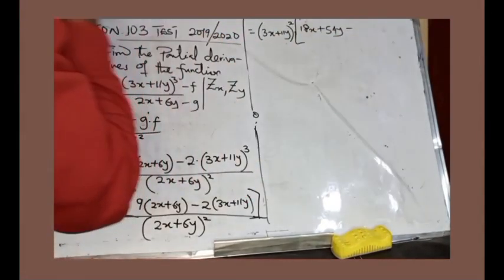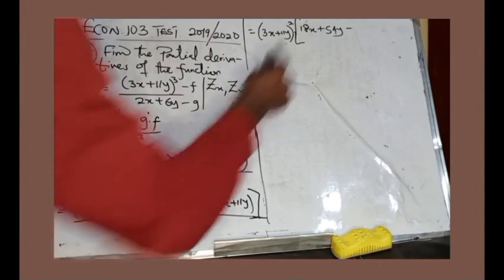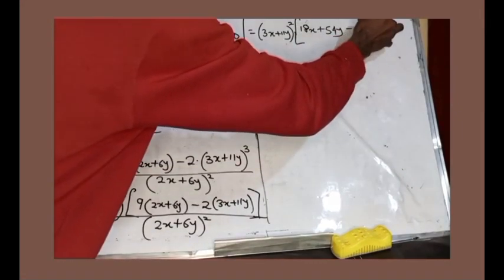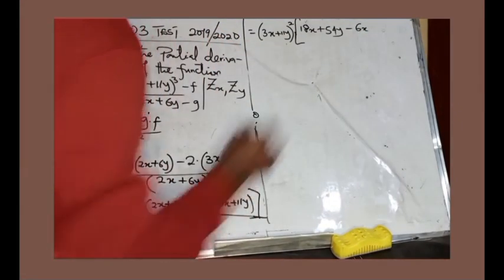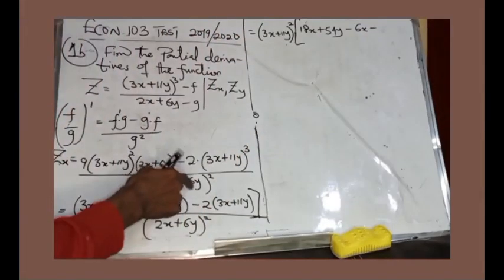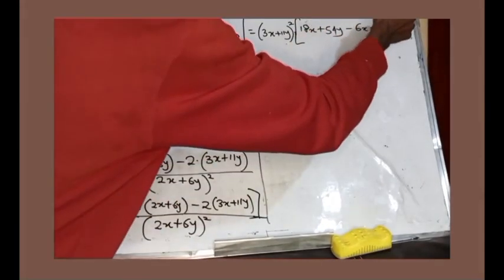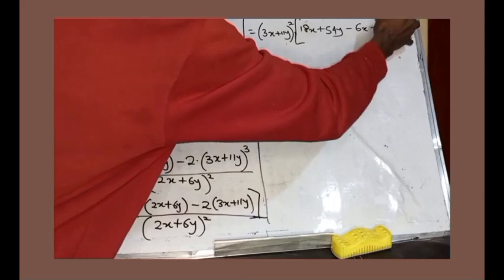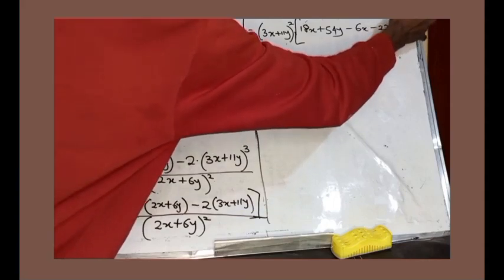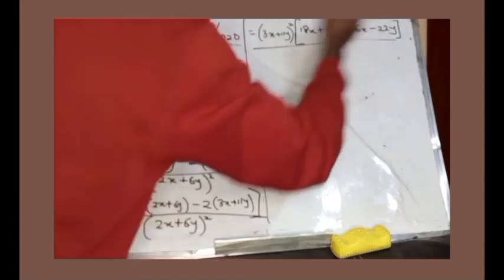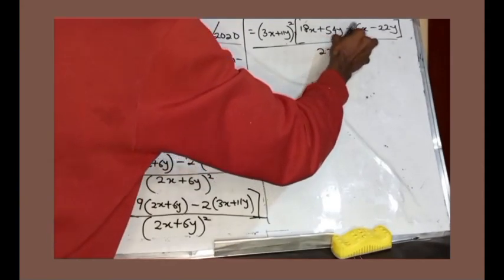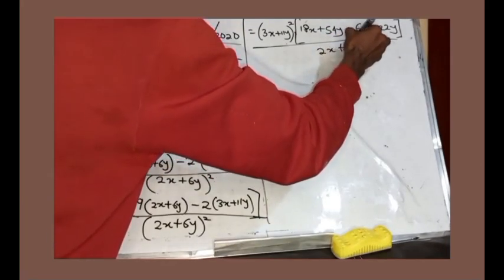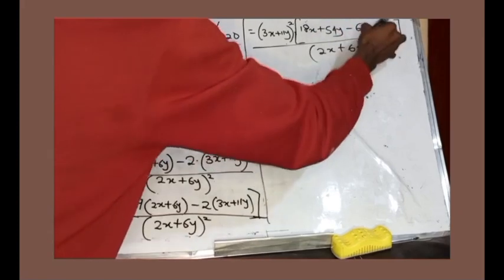Now minus 2 times 3x would give me 6x. Then minus times plus will give me minus, and 2 times 11 will give me 22y. This way, all over, I have 2x plus 6y all square.